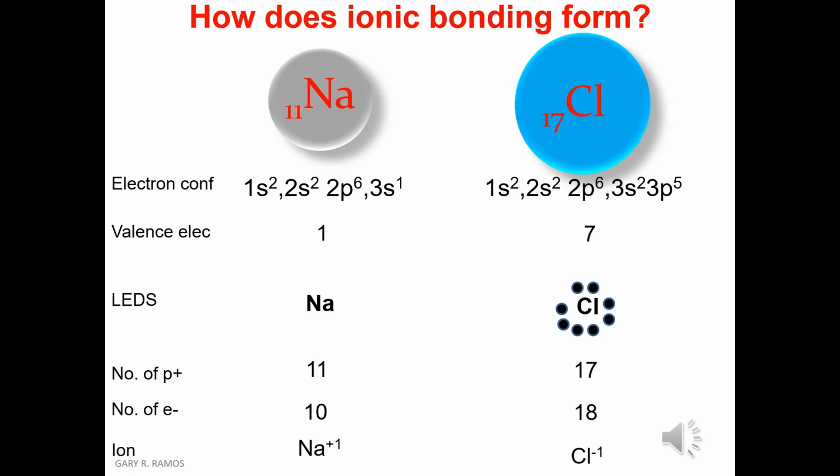For chlorine, the number of protons is 17 and the number of electrons is 18. Now, the chlorine becomes negative 1, because the number of electrons is greater by 1 compared to its protons, which is 17.